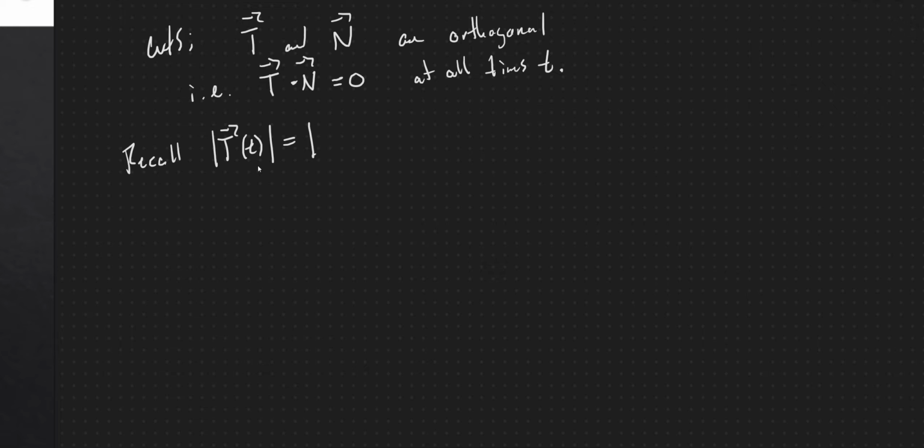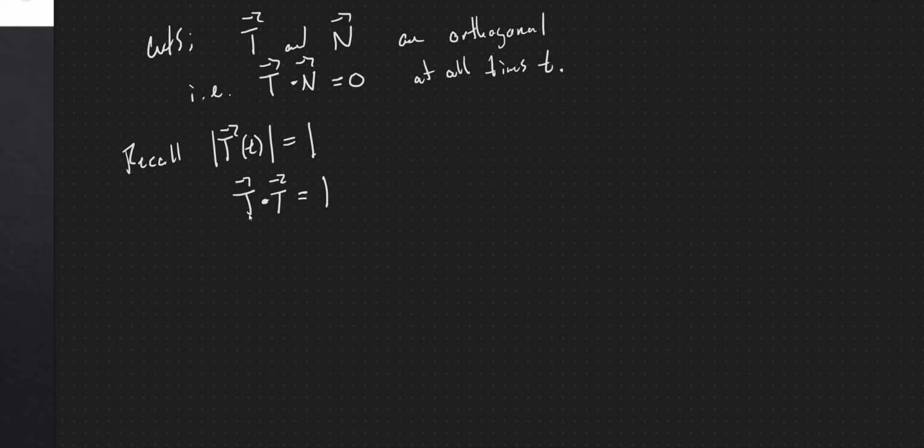So why is this true? Well, the magnitude of T is equal to 1. And remember that the magnitude of a vector squared is the vector dot product with itself. So T dot T is equal to 1 squared, or just 1. This is a dot product.